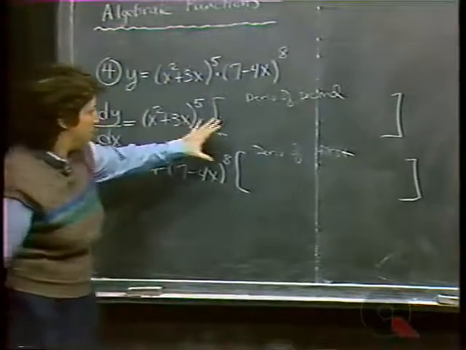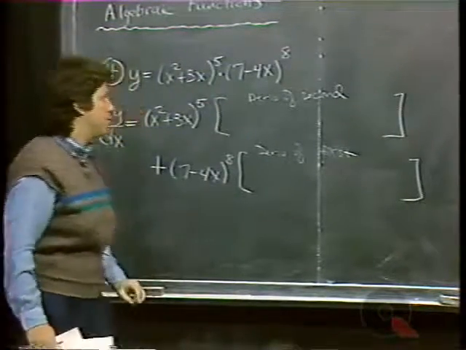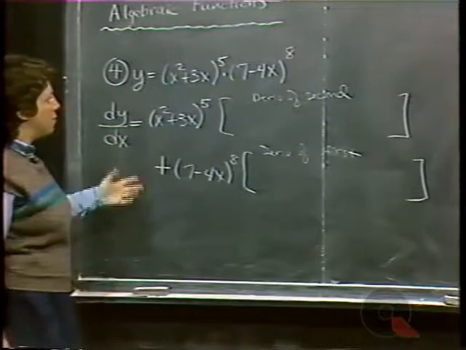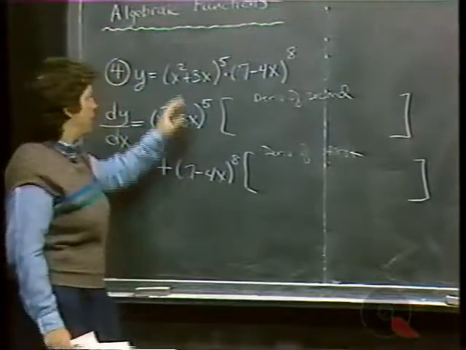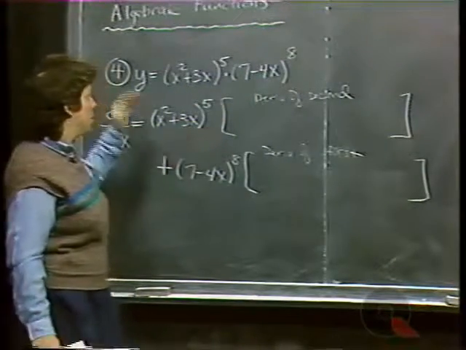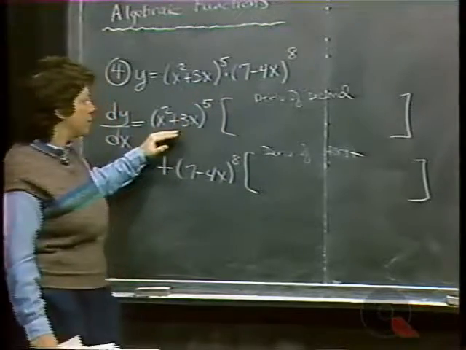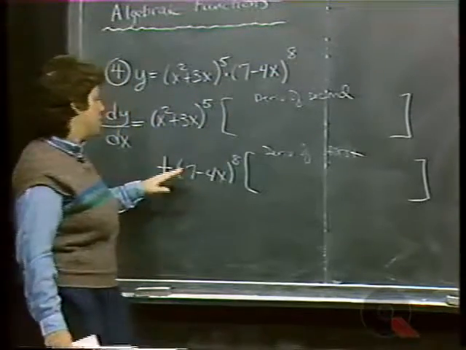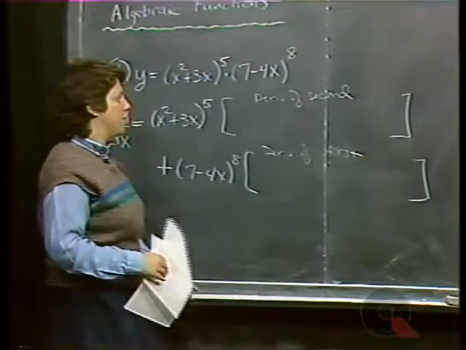Leave yourself space to fill in the derivative of the second and the derivative of the first. A common mistake is that people get all excited and take the product of the derivatives. That's not true. The derivative of a product is the first function times the derivative of the second plus the second function times the derivative of the first.